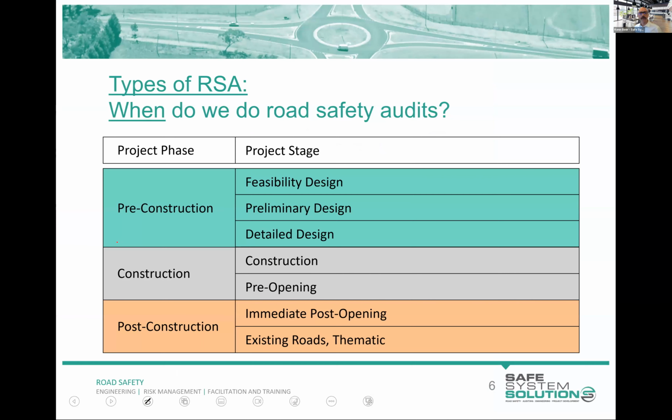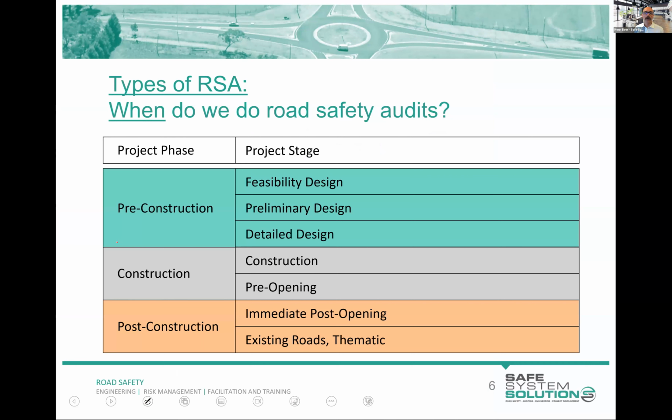Okay, I wanted to pick up where we left off and start talking about the types of road safety audits. Some of you may have heard these terms before, like we need a detailed design stage road safety audit done, or an existing conditions road safety audit done.